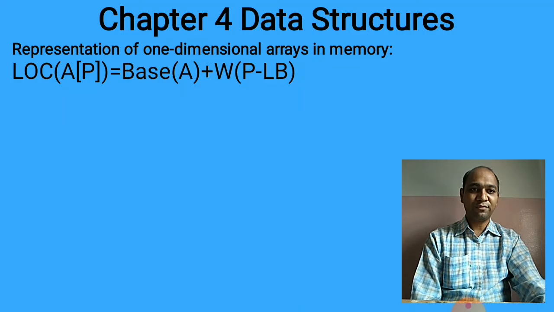In case of floating point number, it takes 4 bytes of memory, hence W will become 4. If it is double type of data, then W will become 8, because double will take 8 bytes of memory. Next we have P, that is position minus LB, that is lower bound, that is always 0.